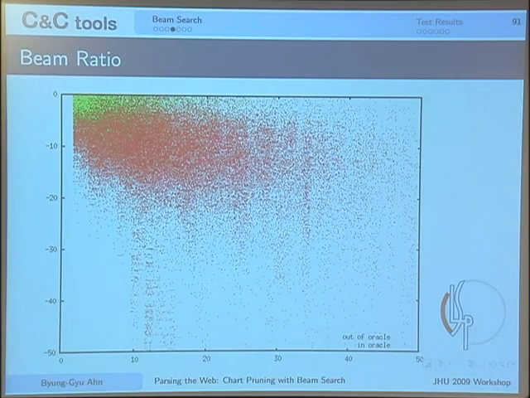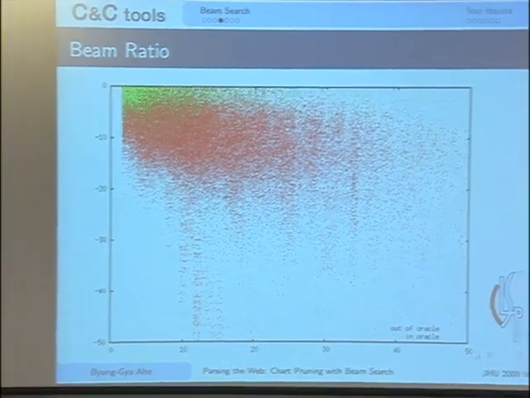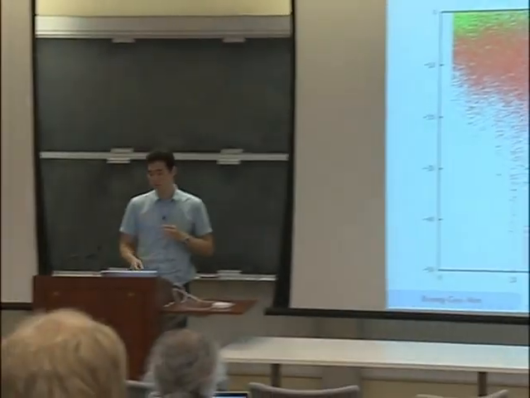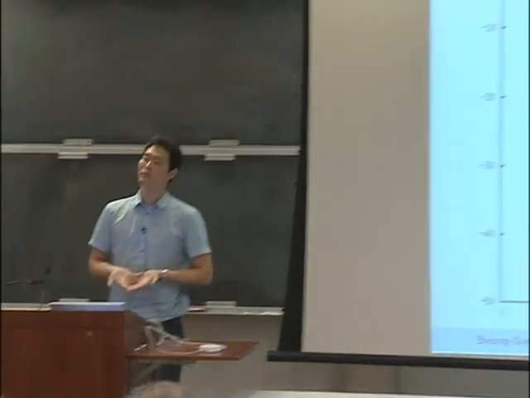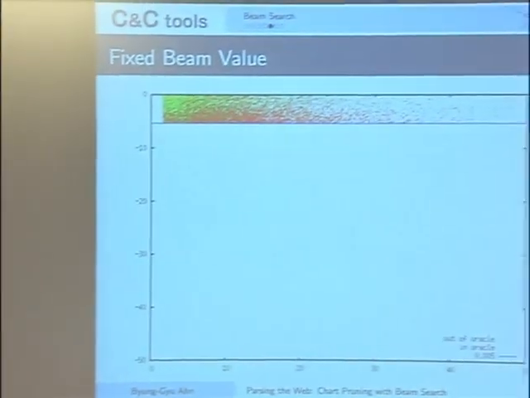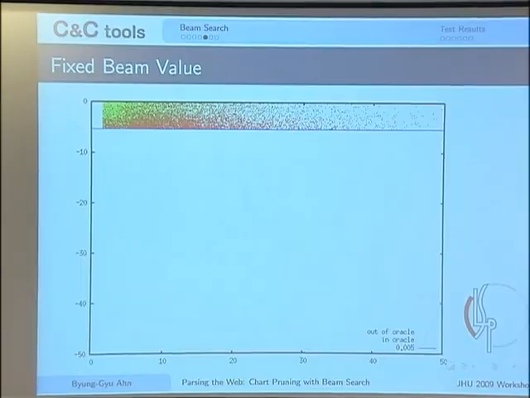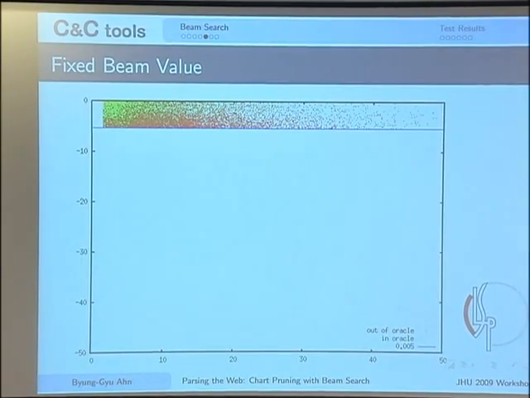And what you can see here now is that it's much denser for shorter spans on the left side. So the beam approach might be more effective for shorter spans, intuitively. So we can apply a fixed beam value, which means we draw a line and cut off all constituents under that beam ratio.